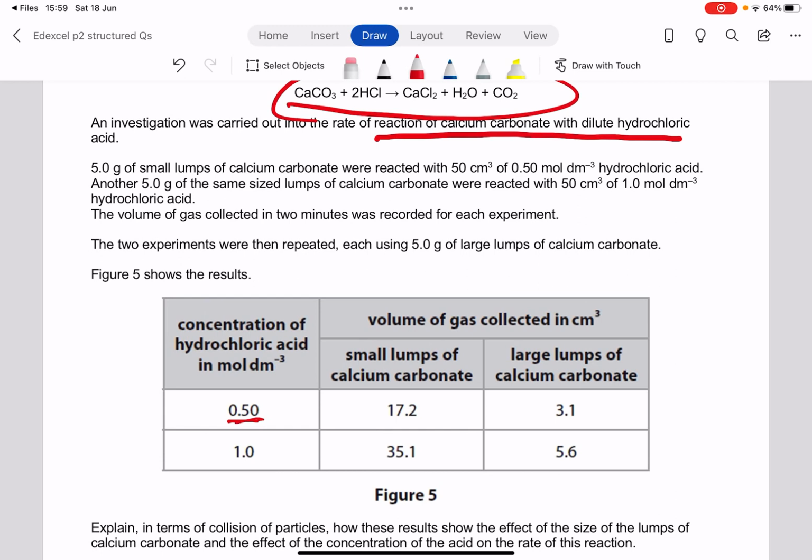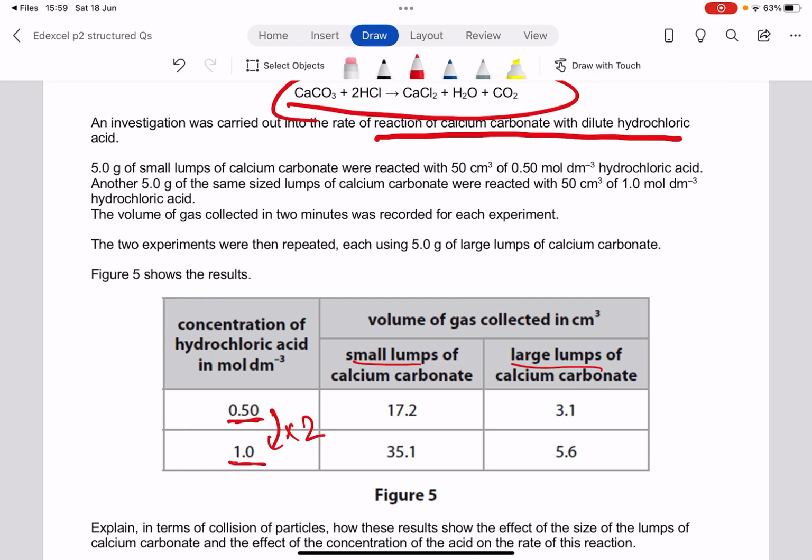In the next experiment, the concentration is 1.0, so it's doubled. 5 gram of small lumps of calcium carbonate were reacted, and another 5 gram of the same, so they've kept the surface area. Then they are changing the surface area, look, small lumps and large lumps, and the two experiments were then repeated with small lumps and with large lumps. So they've done two things again. They've changed concentration and they've changed surface area, but they've kept the temperature the same. Okay?